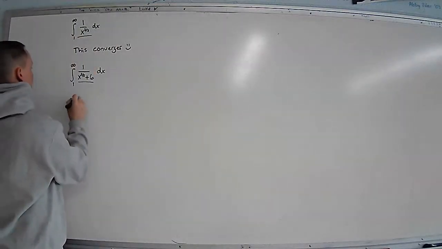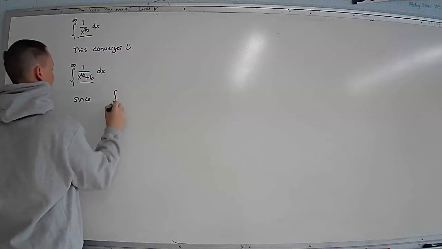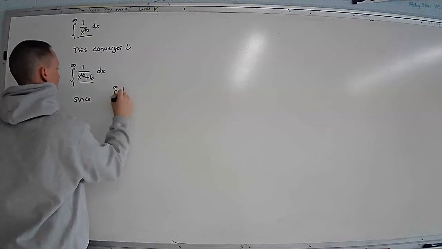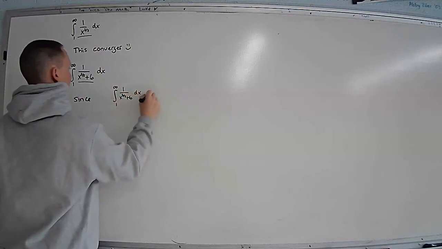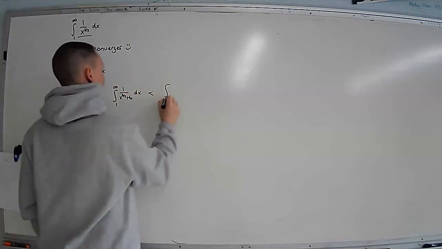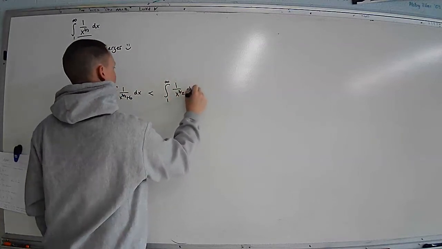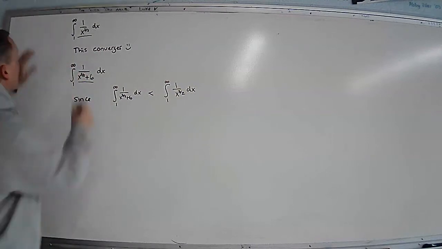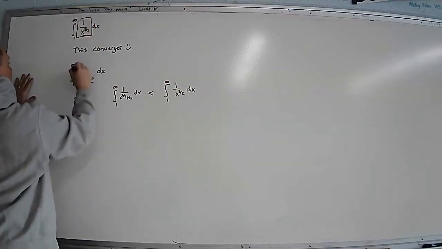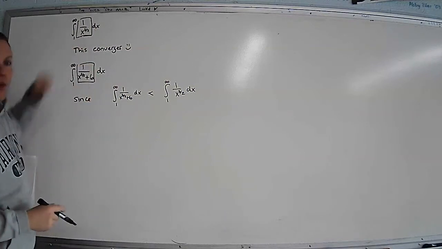So we're going to say, since this right here is less than this right here, and how do we know it's less than? Because the function is always smaller. If I were to graph this function and I were to graph this function, this one would always be below that one.